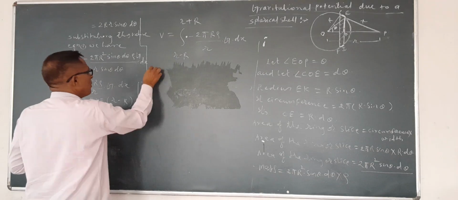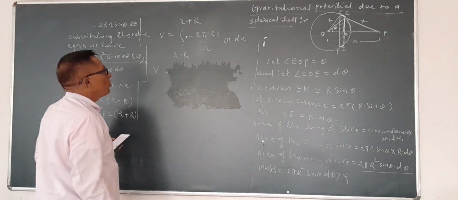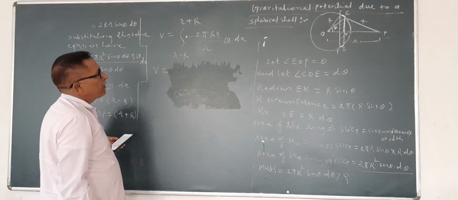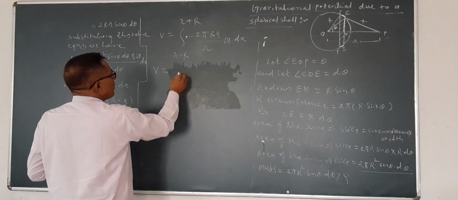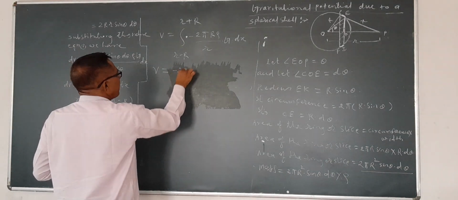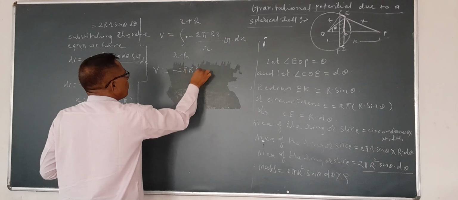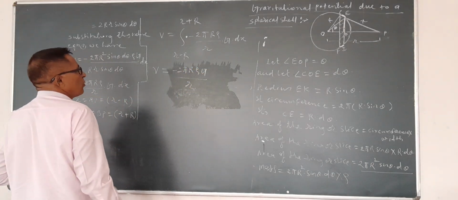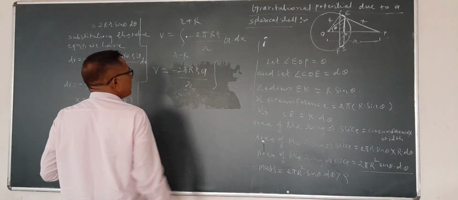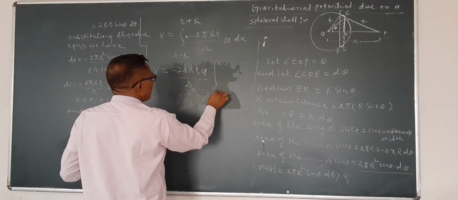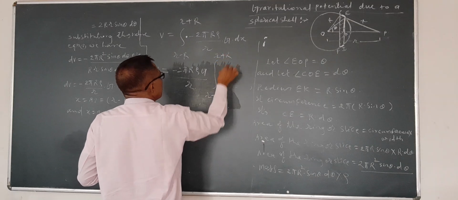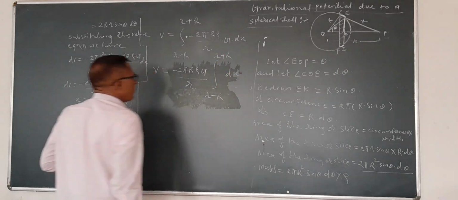Here we take the constant quantity outside the integration sign and integrate the remaining part, only the dx term.